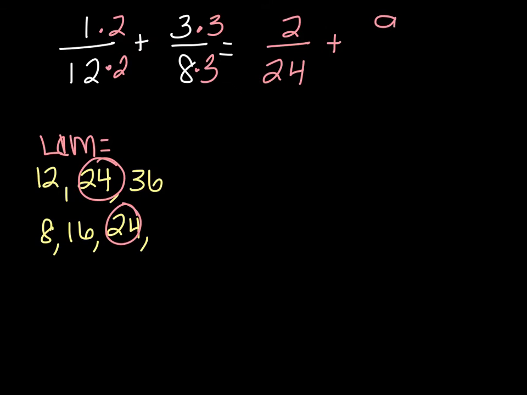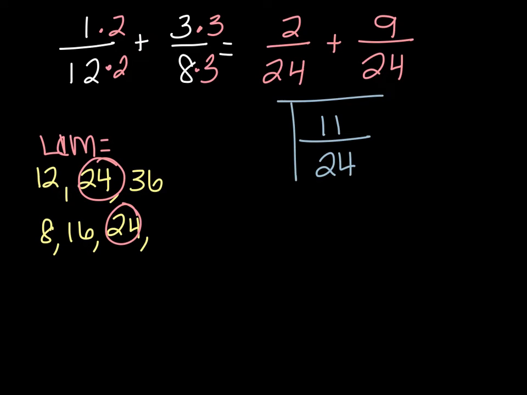When I do that, I get 9 over 24. So from there, I can go ahead now and I can add. Well, 2 plus 9 is 11. 11 over the least common multiple of 24, and that's how I add unlike denominators.